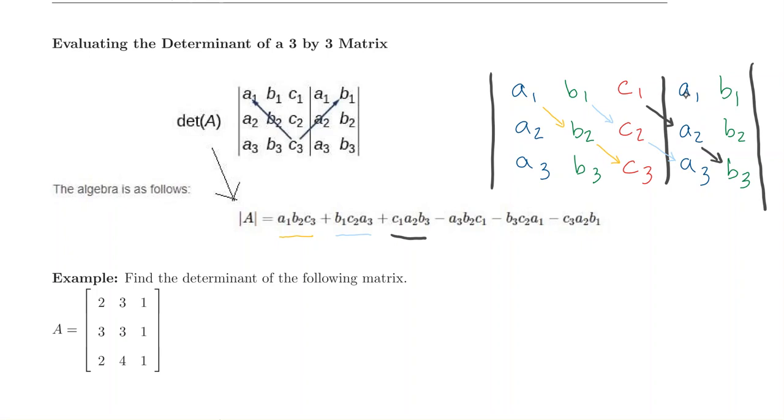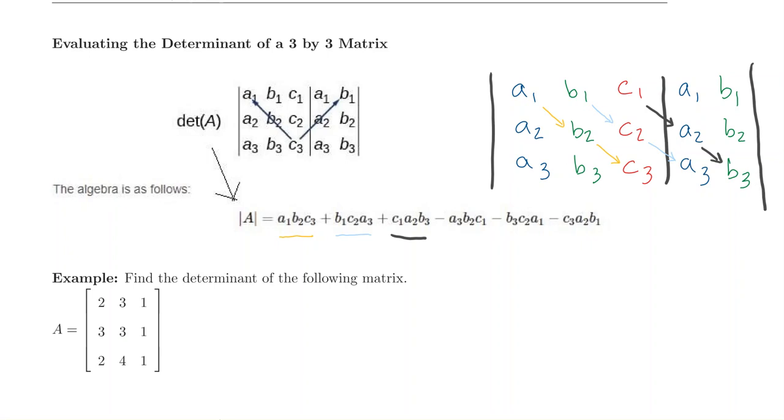And notice you can't really complete the multiplication on 3 terms anymore. You've used the 3 main diagonals that we have starting from the top. So then you're going to start subtracting terms. And the way to help you remember this is whenever you're going down, they're positive, but whenever you start multiplying back up, that's when they become negative.